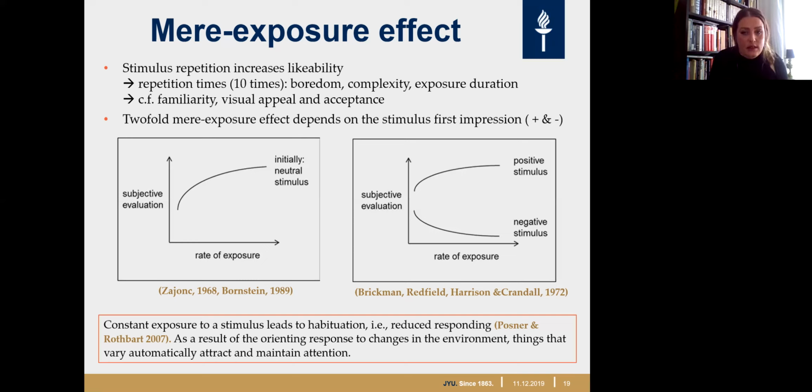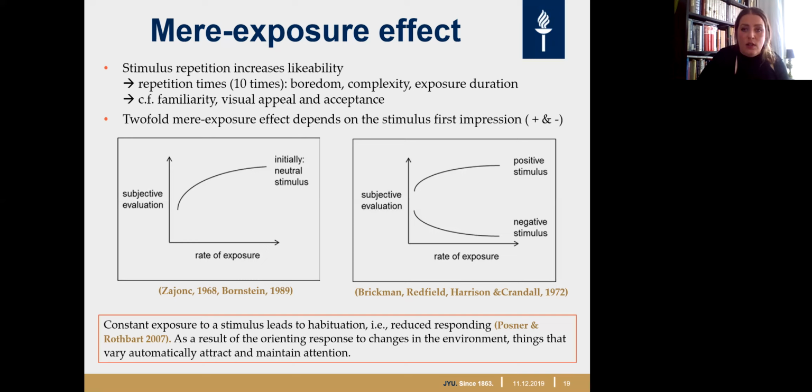And this can also, through the habituation, make things often occurred something that we don't pay attention to those anymore. So there's also a different way of thinking about the repeated exposure. And as a result of the orienting response to changes in the environment, things that very automatically attract and maintain attention.